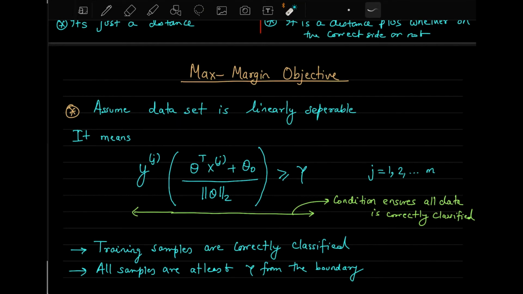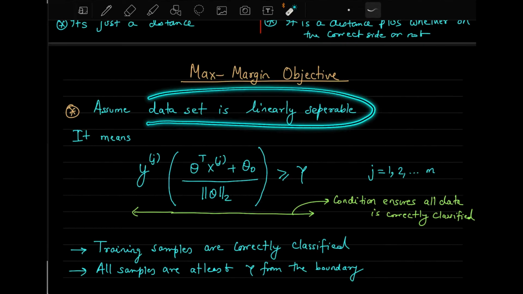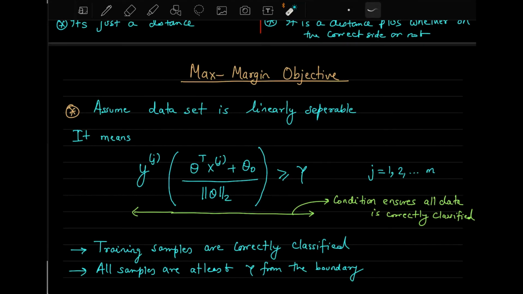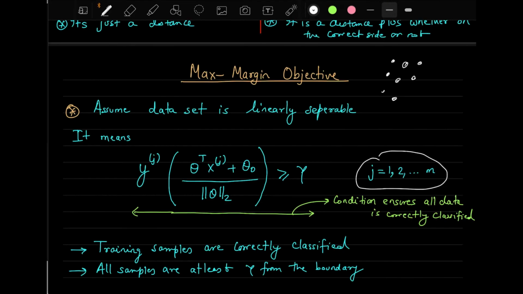What it means is, if your data is linearly separable by the line, then you can calculate the signed distances for all the points. You can see here we have j, which runs over all the points from 1 to m. So if the points are all linearly separable like this, which I am showing you here, you have one cluster here and another cluster on this side.